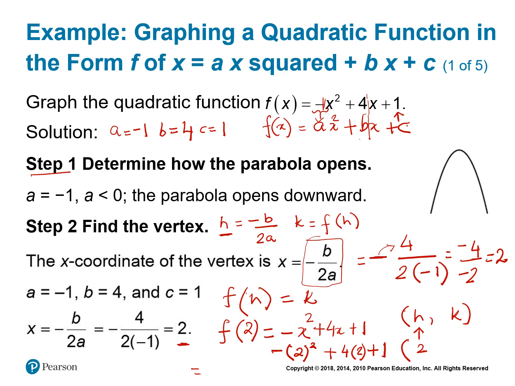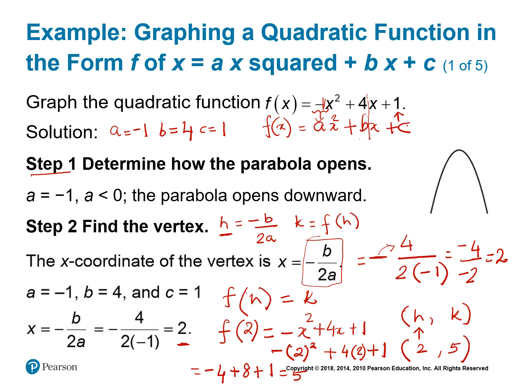So 2 squared is 4, so we'll have negative 4 plus 4 times 2 is 8 plus 1, correct? So minus 4 plus 8 is positive 4, and 4 plus 1 is 5, and that would be the value of k.